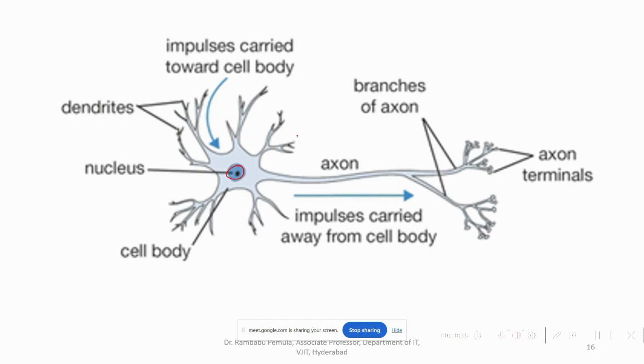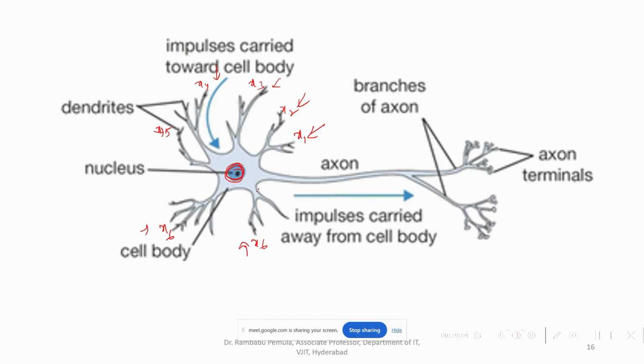For example x1, x2, x3, x4, x5, x6, x7. That means this neuron, this nucleus, is connected with different other neurons. It reads the information from the other neurons, like x1, x2, x4, x5, and x6.